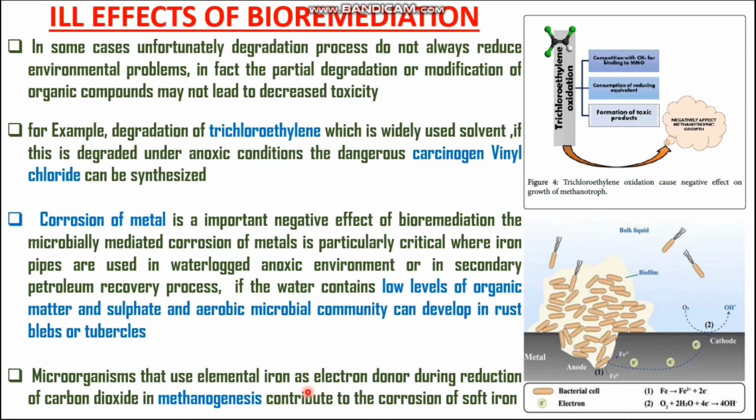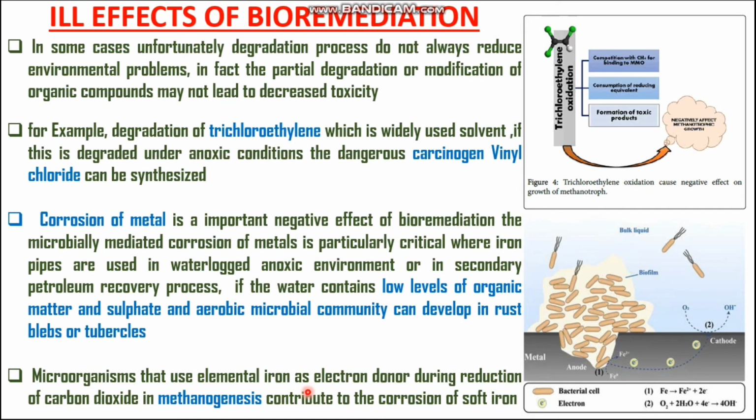Next we have to discuss the ill effects of bioremediation. The first ill effect is that the bioremediation process will not always result in useful chemical compounds. Sometimes the bioremediation process may make the pollutant even more dangerous.